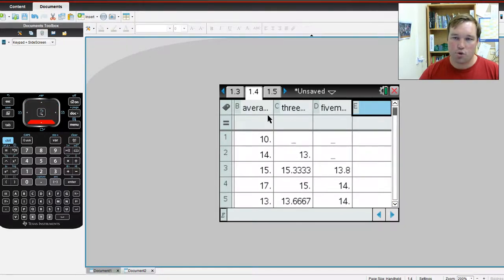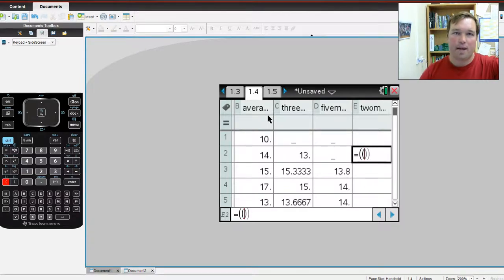Let's look at 2 mean smoothing. We have our original data in column B. And we know that for 2 mean smoothing, we can't do the first one, we must start down the second row down. So what we want here is the average of the first two, average of the second two, and the average of those two.